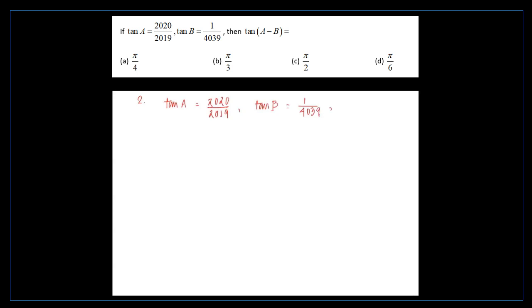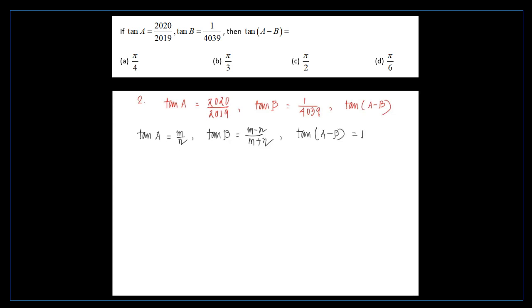And here you have to evaluate tan A minus B. Now, this given expression can be correlated with the shortcut form, that is tan A equal to m by n, tan B equal to m minus n by m plus n, and then tan A minus B equals 1. And that is always true.